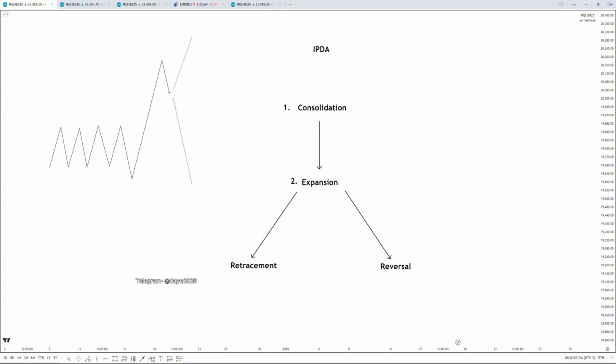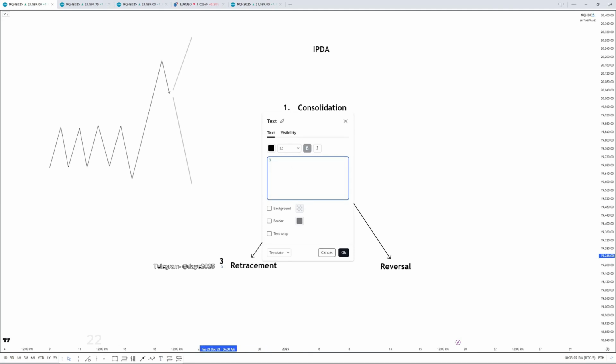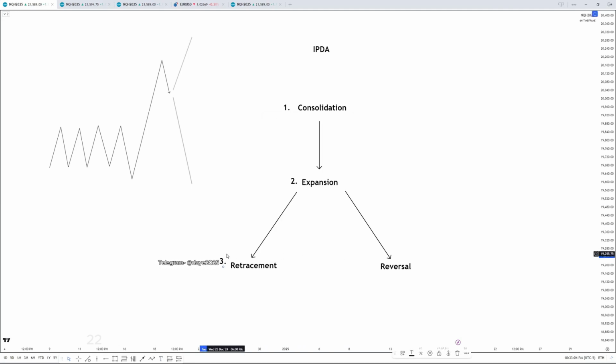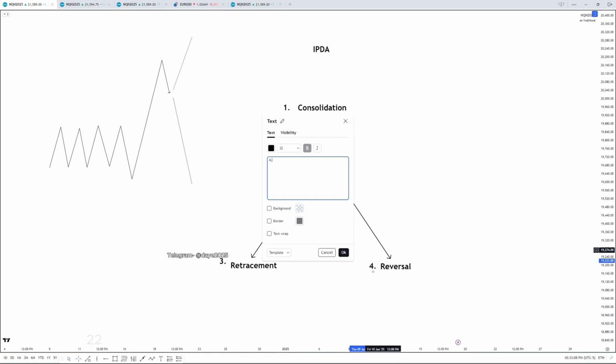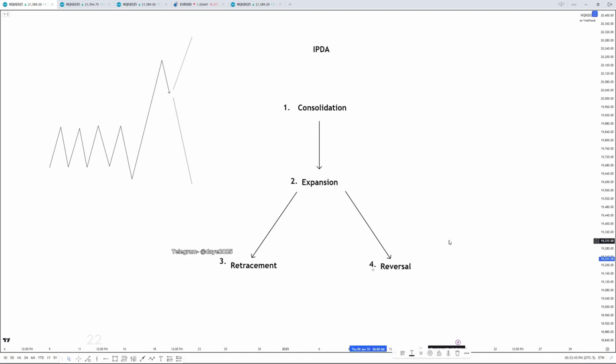And then from an expansion, it will either lead into retracement or a reversal. So a retracement would be price returning back into the range created after the expansion, retracing into it, and then continuing the momentum.